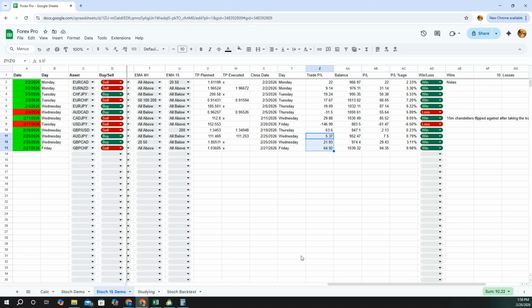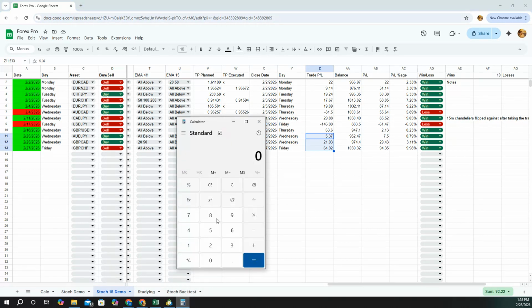So we'll take that 92.22, which is the sum of these trades in that period, and divide it by 947. I know that since there is a strategic objective, this table needs to show this number clearly, not by manually calculating it. It should be embedded, but I didn't have the time to go through this.